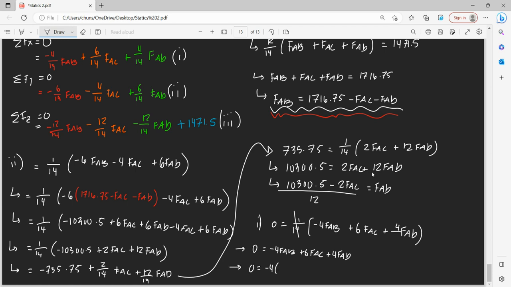So negative 4 FAB we found to be 1716.75 minus FAC minus, and we know FAD is equal to 4, 12. Oh no, there's no more room. Okay, it's okay. Plus 6 FAC plus 4, and then plug FAD again. 0.5 minus 2 FAC over 12.